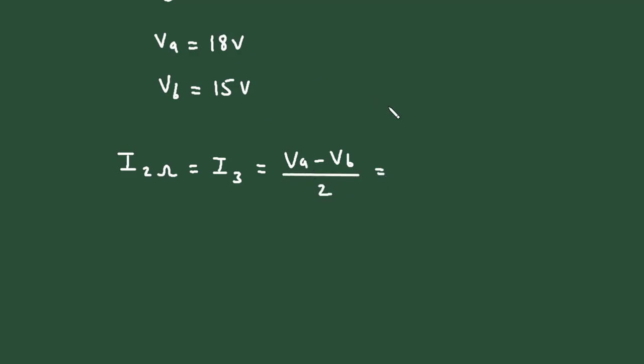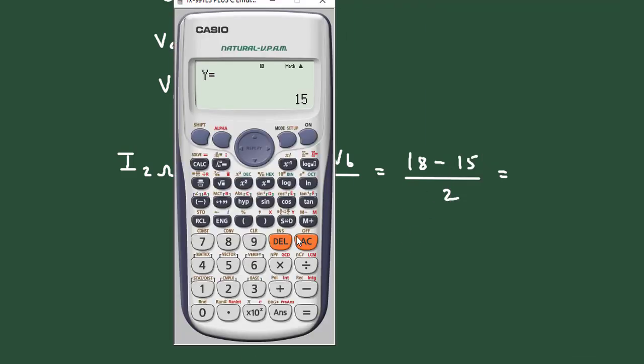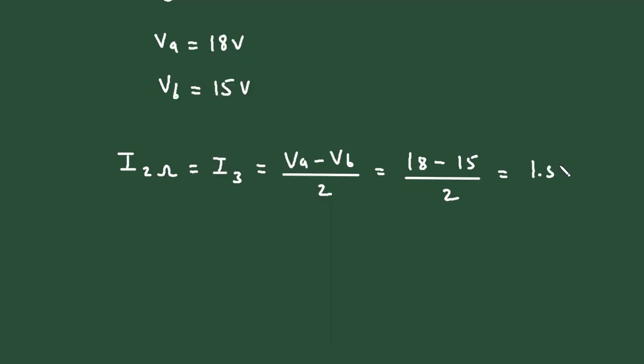The value of VA is 18, the value of VB is 15, divided by 2. So 18 minus 15 divided by 2 is 1.5 ampere. So I2 ohm is equal to 1.5 ampere.